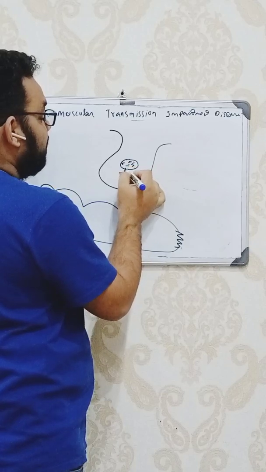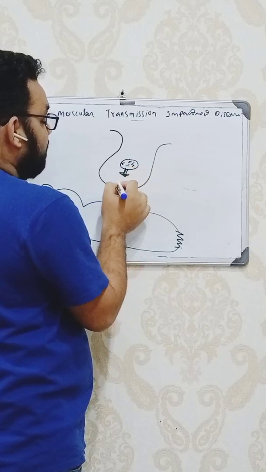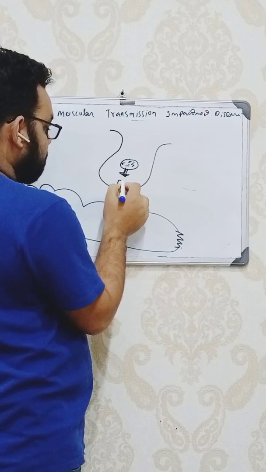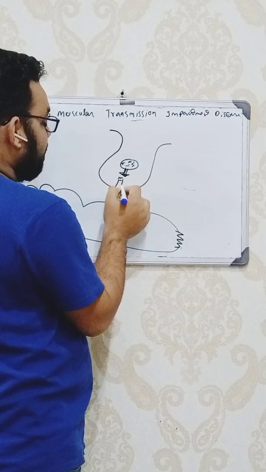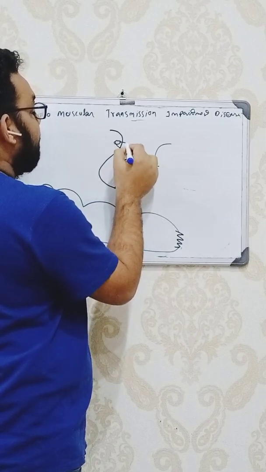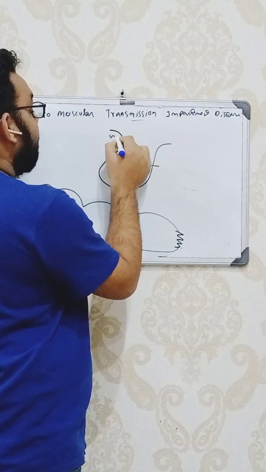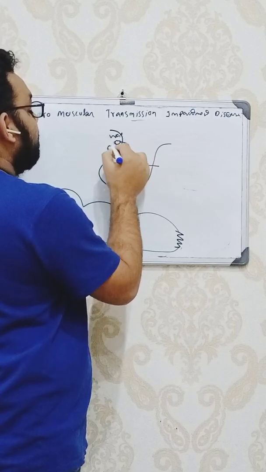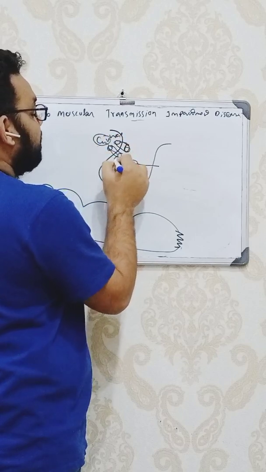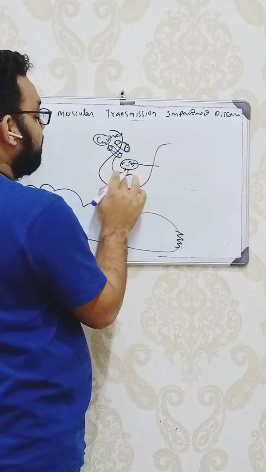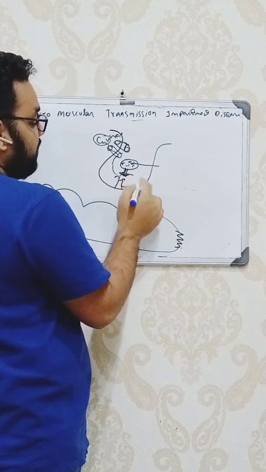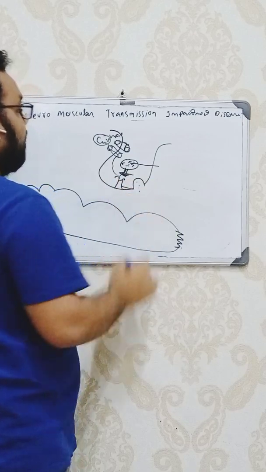There is our synaptobrevin. Now these are the proteins: syntaxin, synaptobrevin, acetylcholine. There are sodium channels. There are the calcium channels. Through this the calcium will come and it will bind. This part will open, then this will bind with it. Then from the membrane, the acetylcholine will be released.